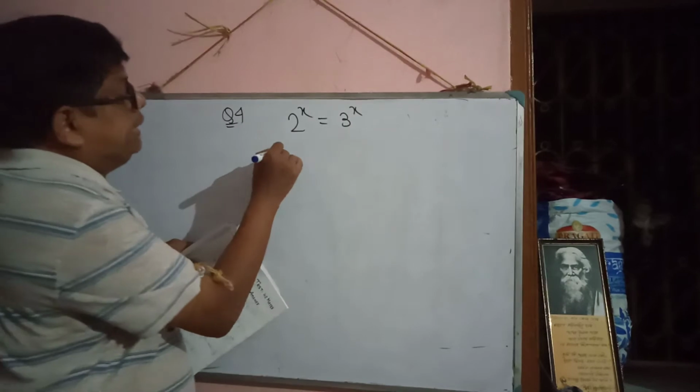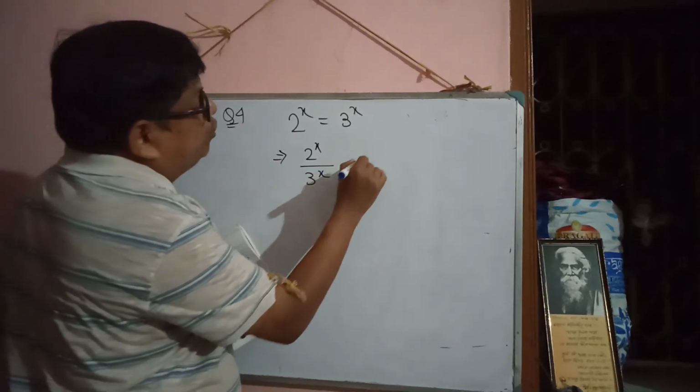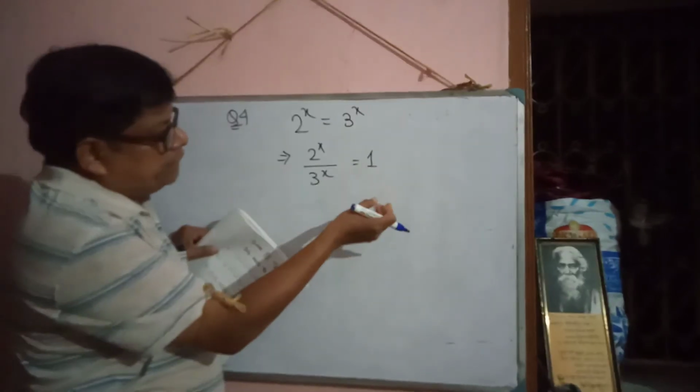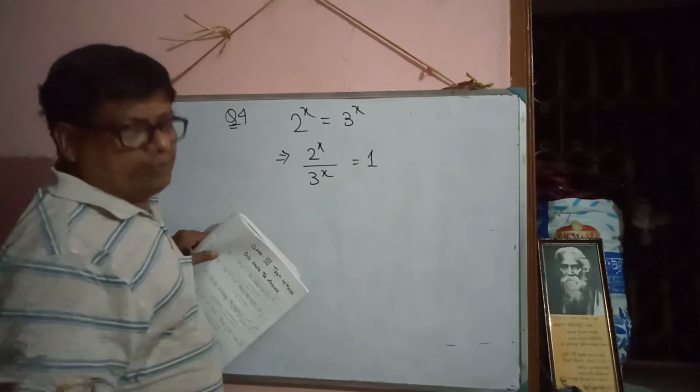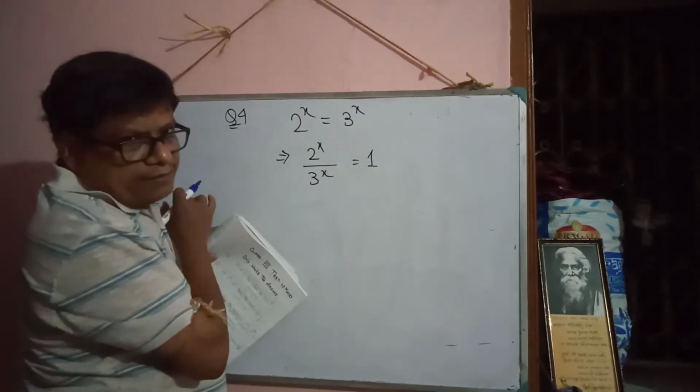Okay, so you can write here 2 to the power x by 3 to the power x equal to 1. Don't write 0. Most of us are writing 0 here. Don't write, okay? Because you are dividing both sides by 3 to the power x.